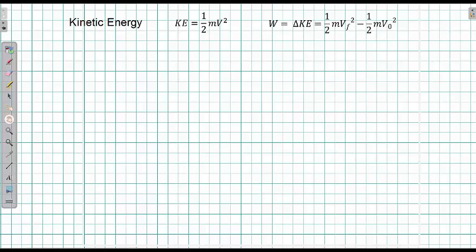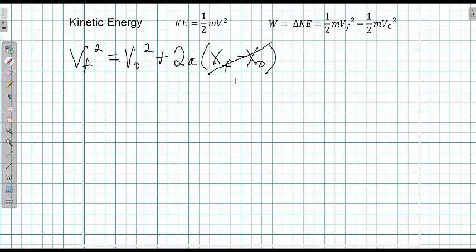Alright, so let's derive this from an equation you already know. You know the kinematic velocity formula: v final squared equals v initial squared plus 2 times the acceleration times x final minus x initial. Well, first, what do we know? x final minus x initial is simply what we looked at yesterday.